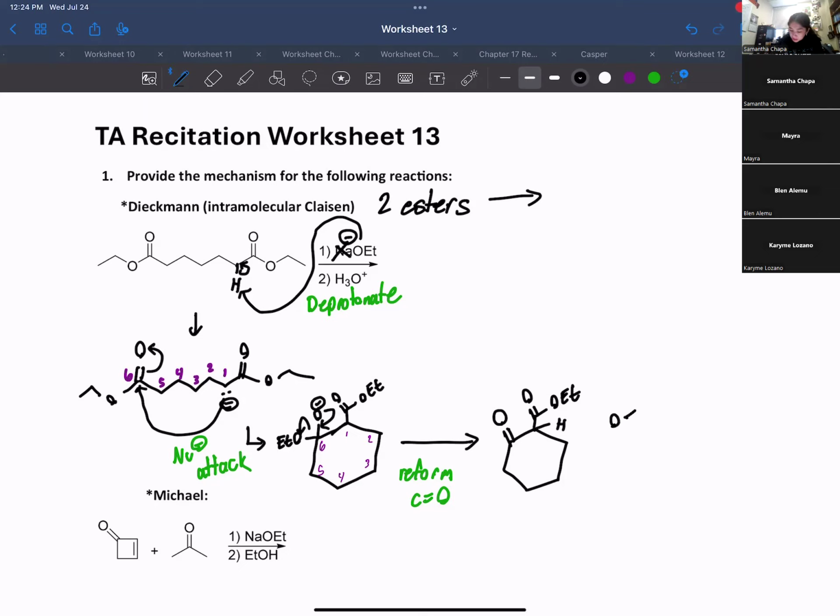But before you're done with the mechanism for both the Dieckmann and the Claisen, this will only happen with the Dieckmann and the Claisen. The leaving group pretty much is going to come and grab on to the alpha carbon hydrogen, the most acidic hydrogen, and give us a conjugate base.